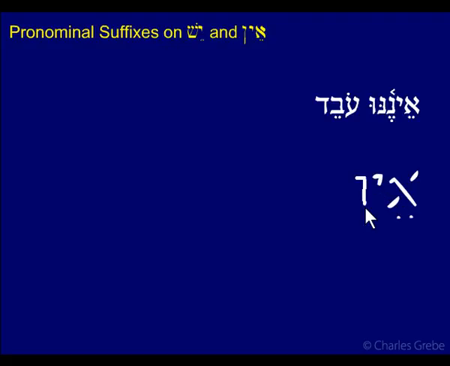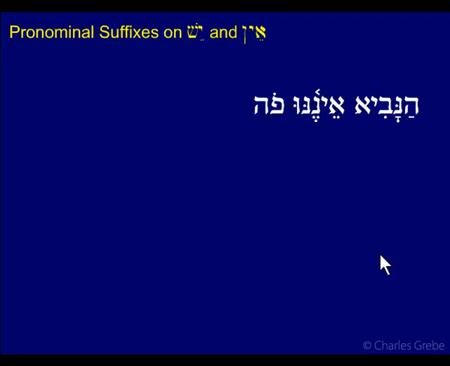So this part's all the same, and instead of a new ending, we have a nun with a dagash in it and e. So eineni, and then of course we have this part I got right, oved. So this would be I am not serving, or I was not serving. The tense here is going to have to come from your context.